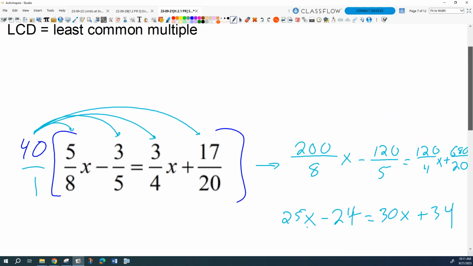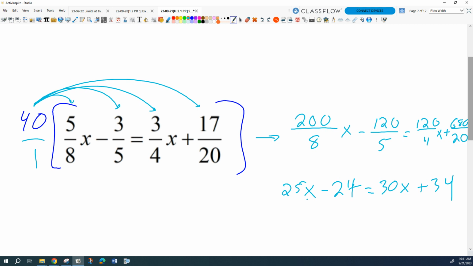Here's what you can always do whenever you are clearing fractions like this, and you've just got a bunch of things added or subtracted on both sides. Awesome trick. You know that the denominators are all going to divide evenly into the least common denominator. You got two operations to do. You've got to multiply and then divide, right? But nobody says you have to multiply first.